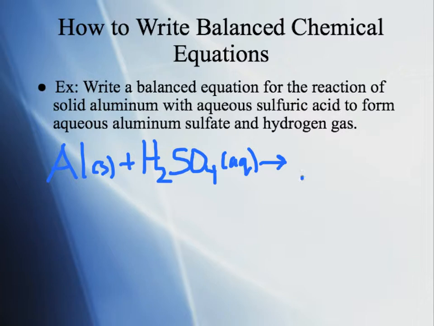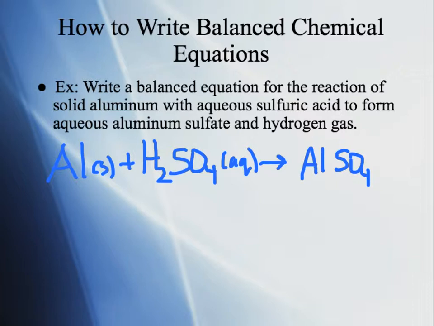All right, and those two things are going to react to form aqueous aluminum sulfate. Okay, so we have Al and SO4, but this is a metal-nonmetal combination. This is the first we've seen so far in these examples. Metal-nonmetal combination means we have to cancel charges by crisscrossing.